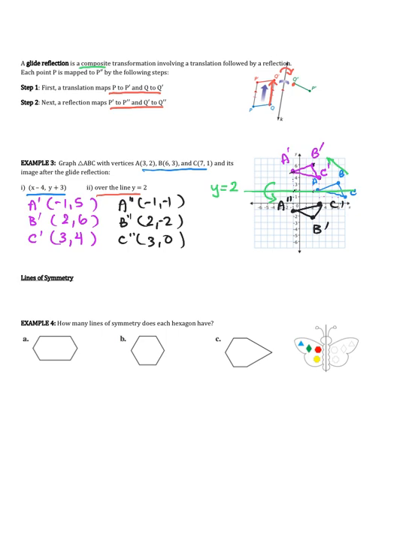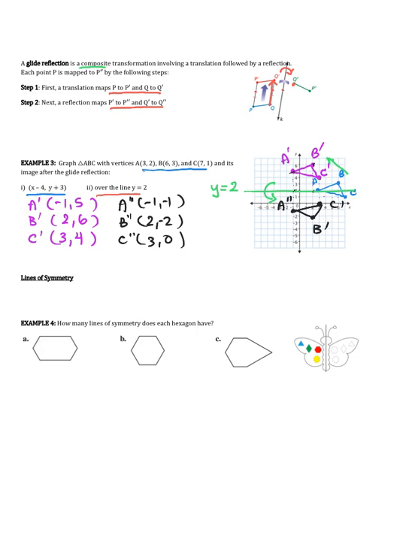Okay? Last little bit is just looking at lines of symmetry. Now, when you are doing lines of symmetry, you're only looking at what lines you can draw within 180 degrees. So, a line of symmetry is where a shape can be mapped onto itself by reflection over the line of symmetry.